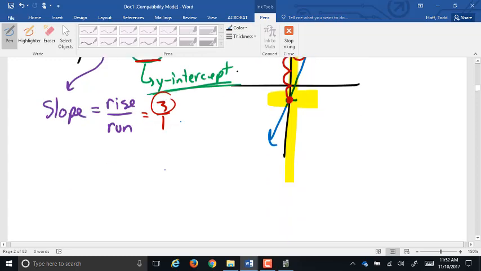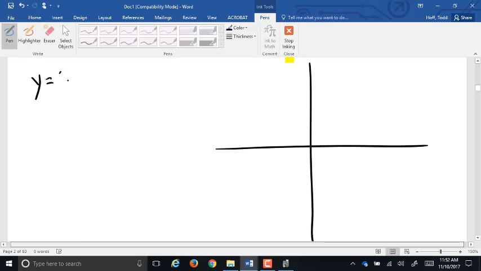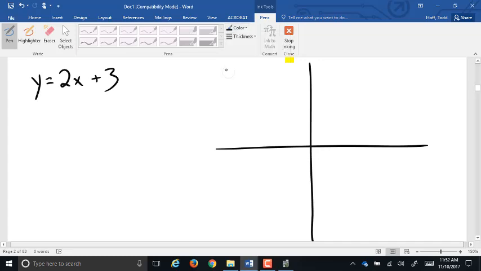So let's take a look at this. Let's say we have y equals 2x plus 3. What that's telling us is we're going to start at 3. So from 0, we count up 1, 2, 3. That is our first point of our line.